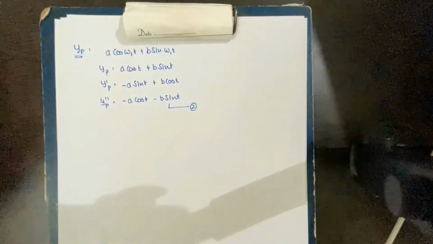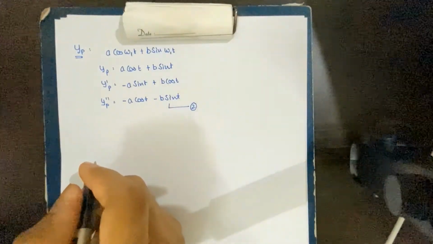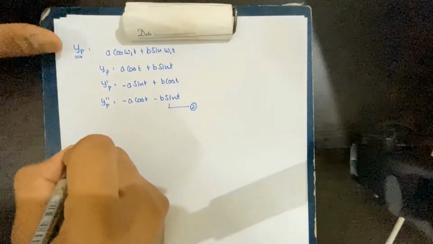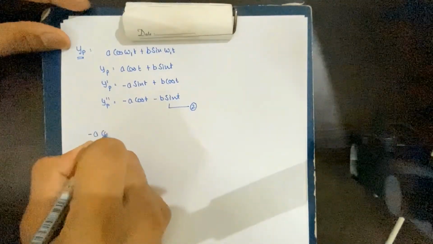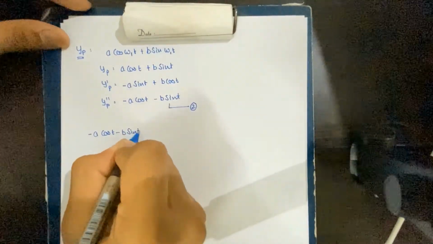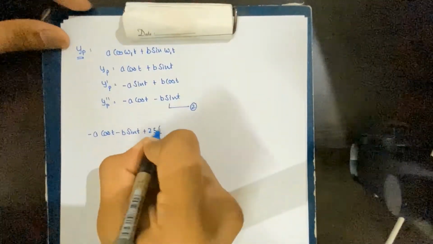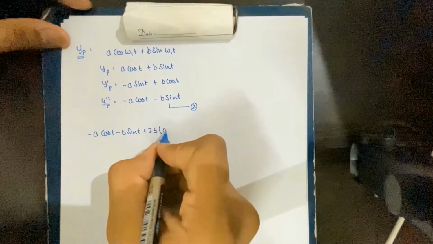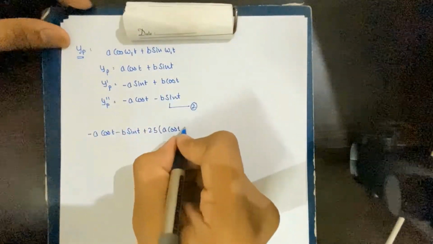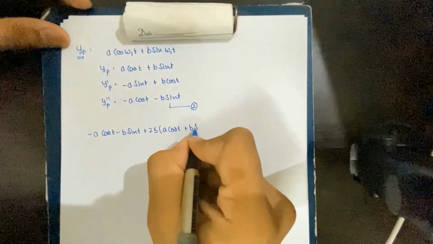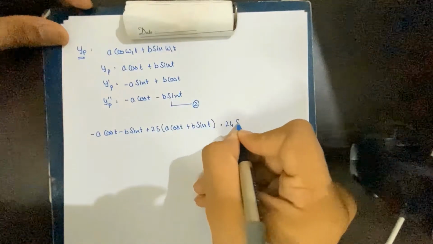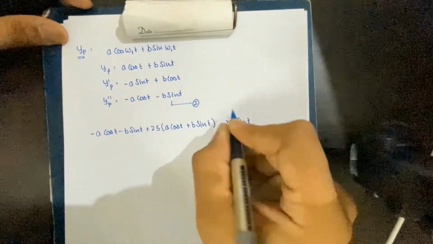So that gives us minus a cos t minus b sin t plus 25 times a cos t plus b sin t equals 24 sin t.